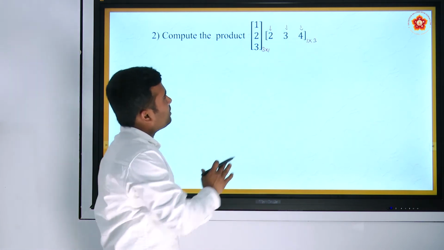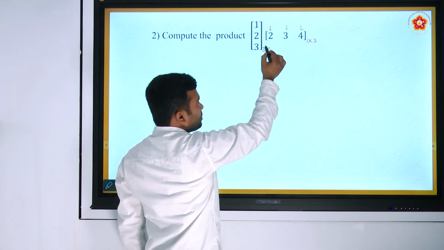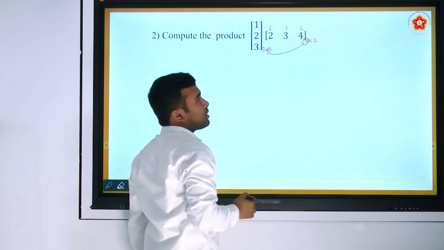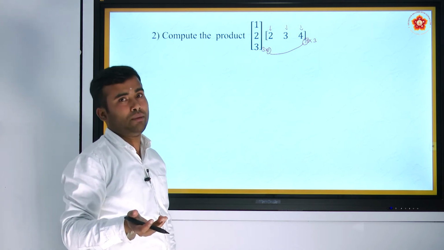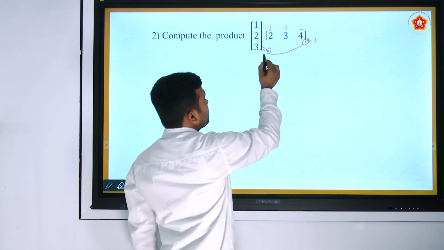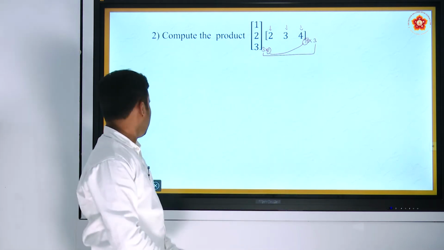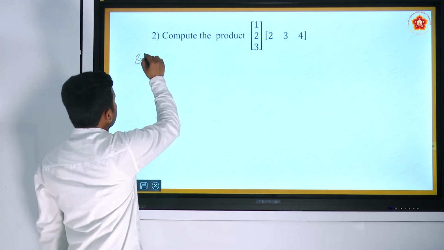We are finding this into that. So the number of columns should be equal to the number of rows. The number of rows here is 1. So then the order of the product matrix will be 3 by 3. Understand? So let us do that.